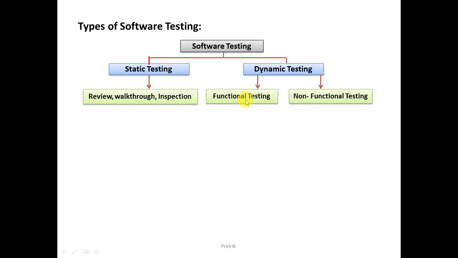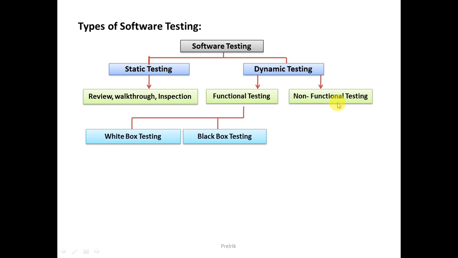So this area will be covered as part of functional testing. Non-functional testing will cover all those aspects of the product which are not covered in the SRS, but are actually required in order to work on those products smoothly and without any worry. So what does it mean? Let's see it here.